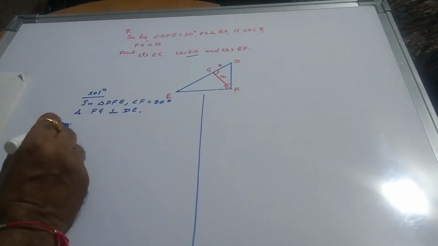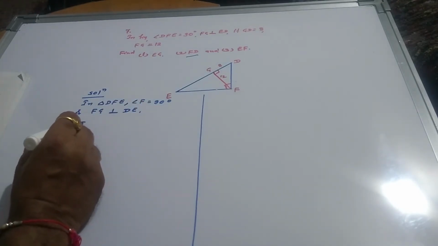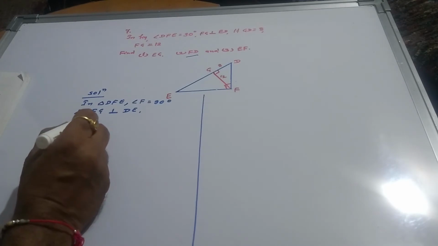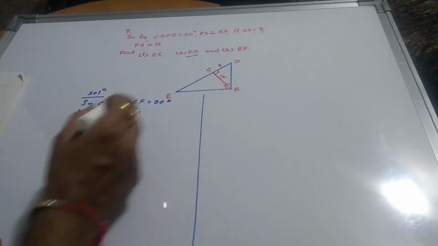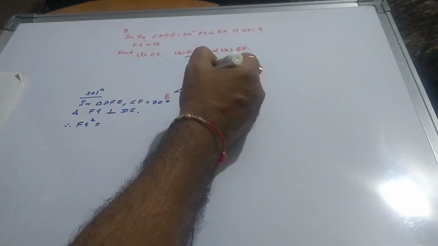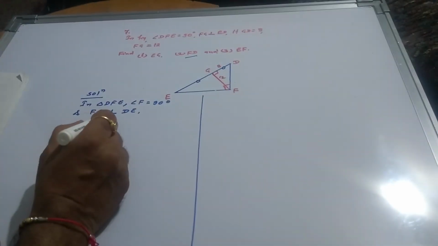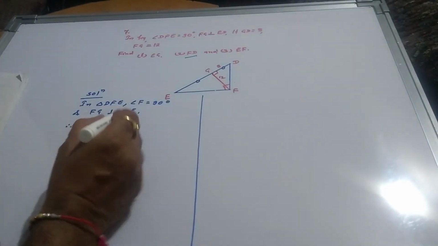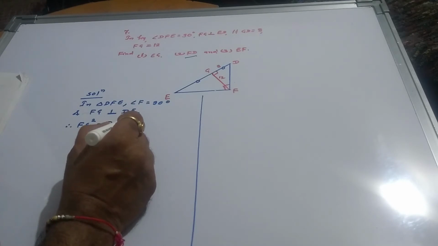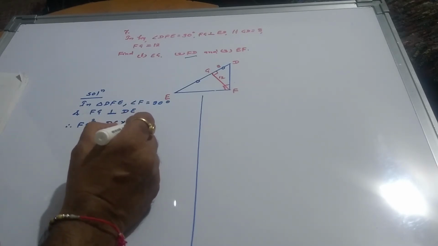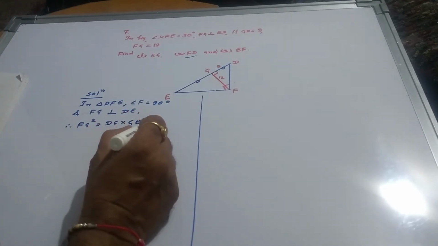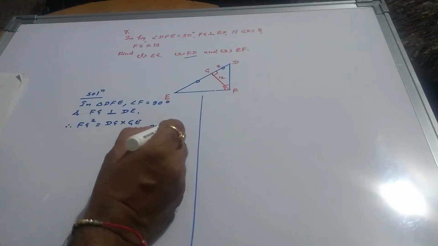Therefore, what we have is FG square is equal to DG into GE. Why is this so? This is the property of geometric mean.